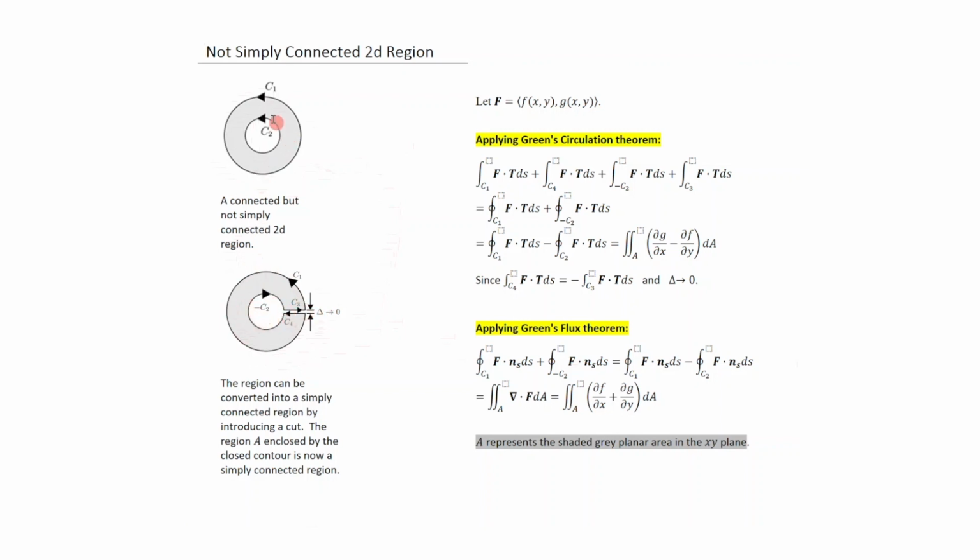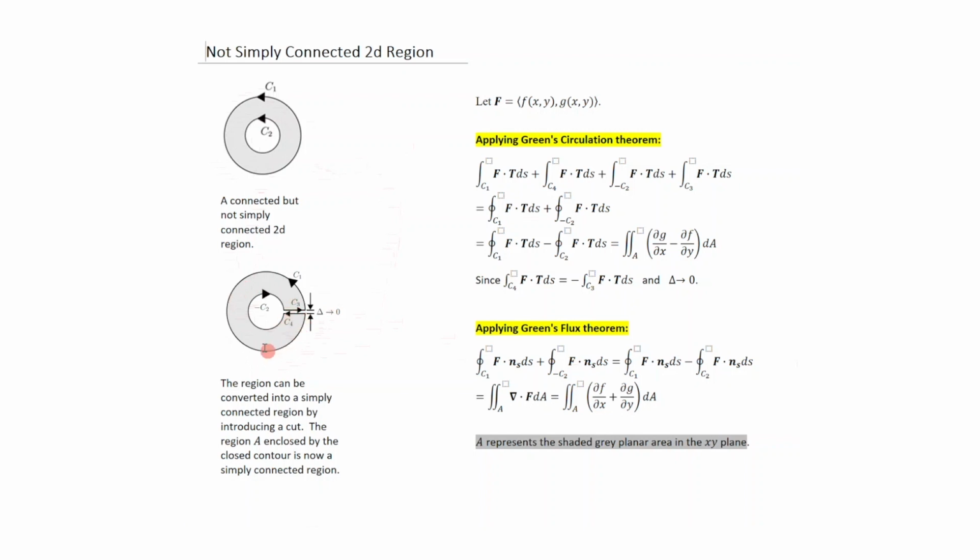Now, since we chose C2 to be counterclockwise, minus C2 means clockwise. So this is clockwise. C4 and C3 are new, so we've just given them a specific direction. So this more or less solves the problem in terms of having a contour which encloses the region.